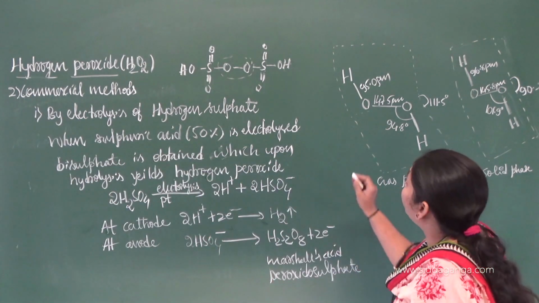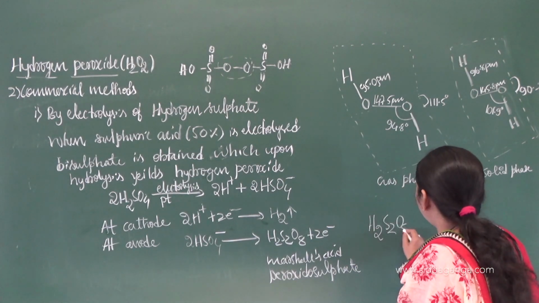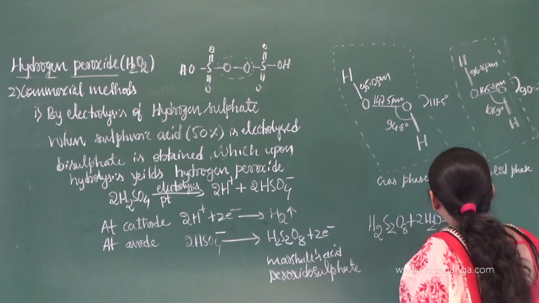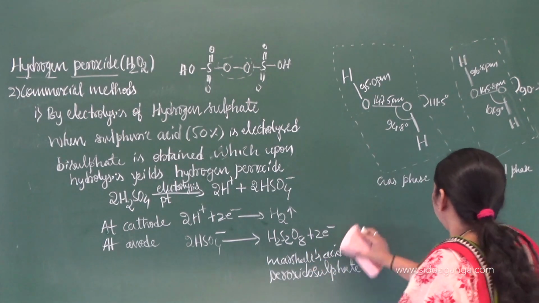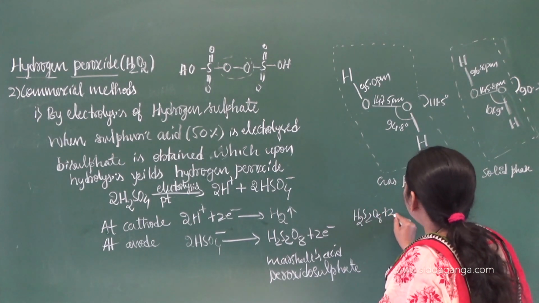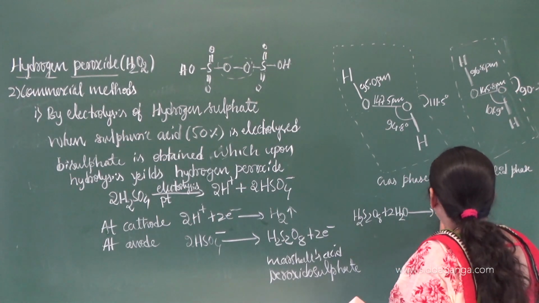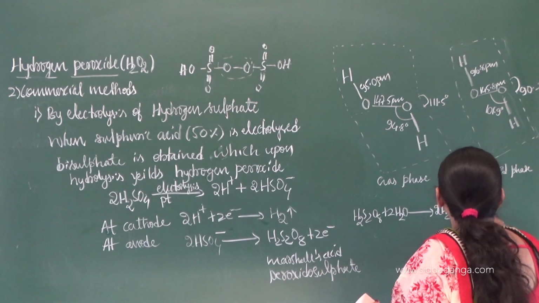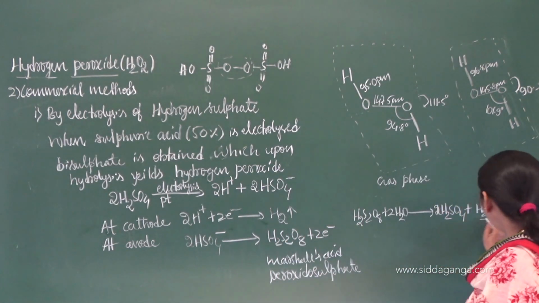That is the last step: H2S2O8, when it is subjected to hydrolysis reaction, it will form H2SO4 plus H2O2. That is nothing but our desired product, that is hydrogen peroxide.